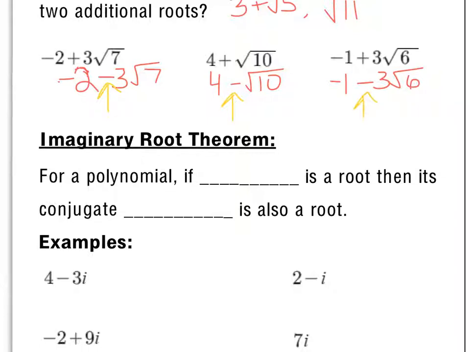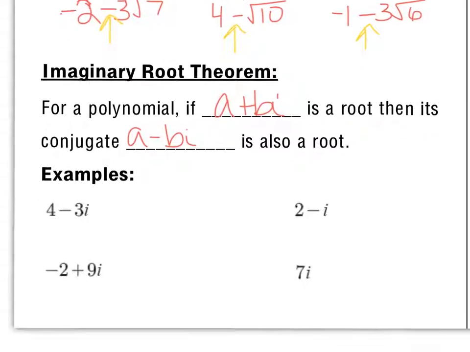The imaginary root theorem is pretty much the same idea, but with imaginary numbers. So for a polynomial, if a plus bi is a root, then its conjugate a minus bi is also a root.